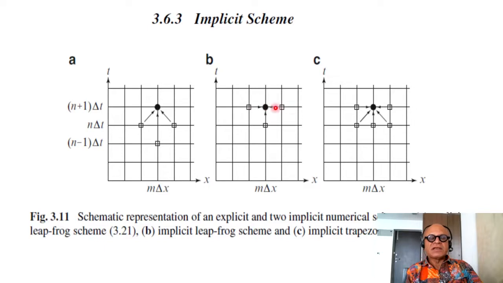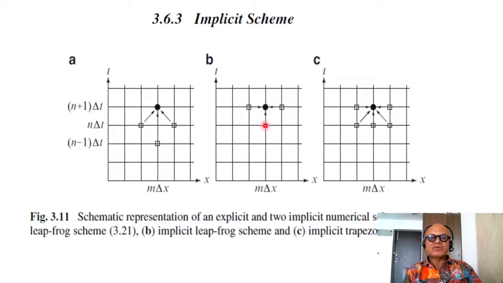So you can see that it has also n plus 1 at m minus 1 and n plus 1 at m plus 1. So you are solving for m, n. This is the c at m and n.